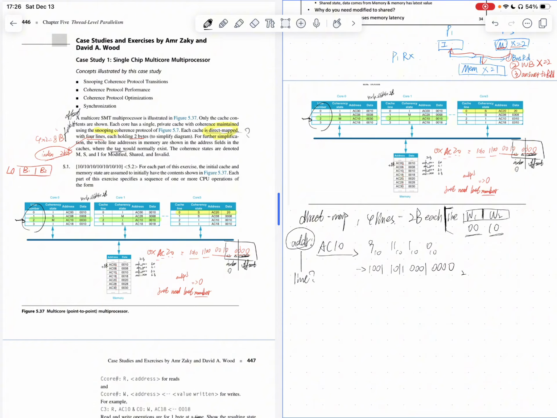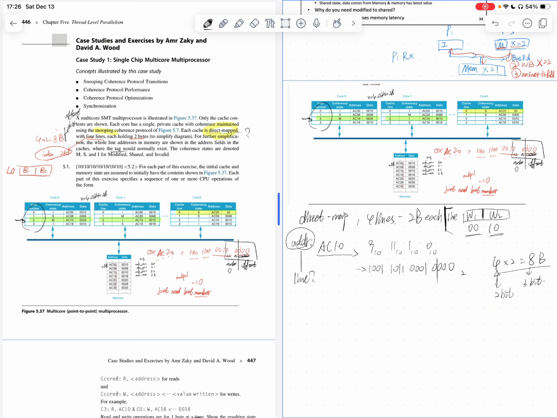Since there are 4 lines and 2 bytes per line, we will need 8 bytes of information as an offset, and that will contribute 3 bits. And as we have 4 lines, that will be 2 bits, right?